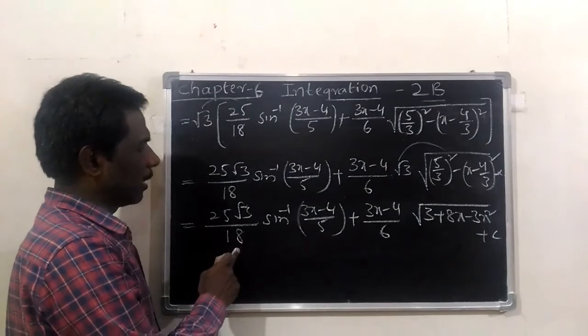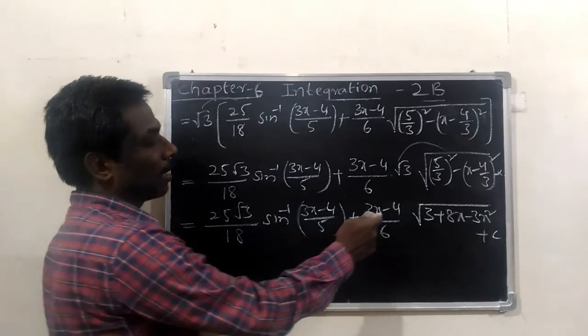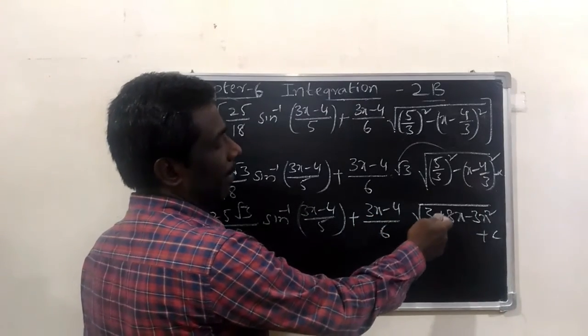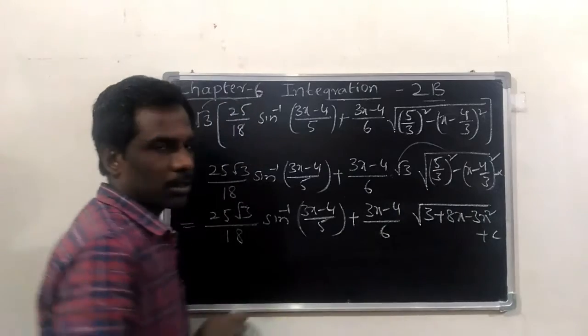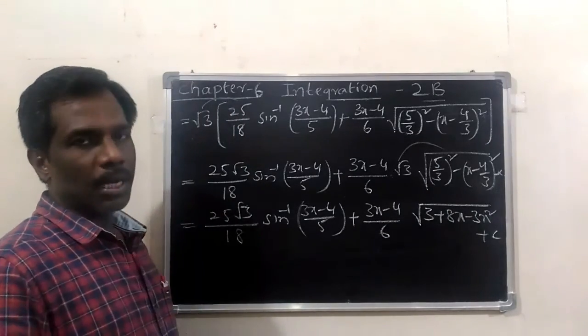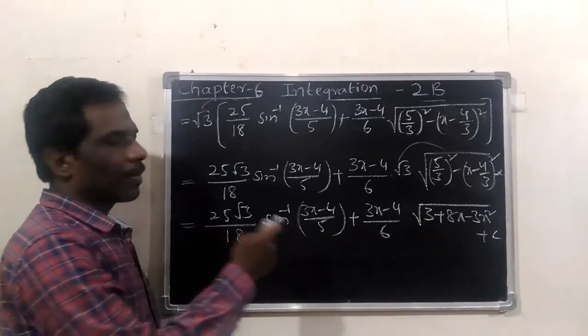25 root 3 by 18 sine inverse 3x minus 4 by 5 plus 3x minus 4 by 6 under root of 3 plus 8x minus 3x square plus constant. And if you want the textbook answer, you need to multiply here root 3 by root 3.